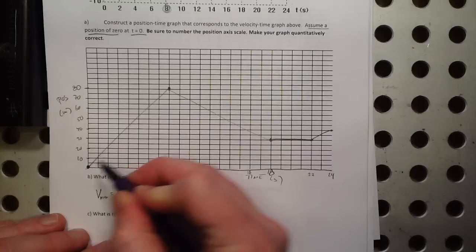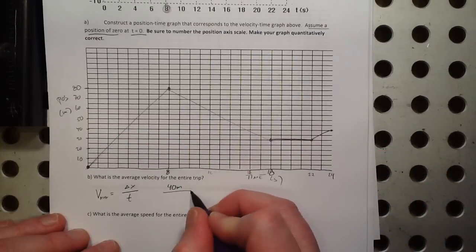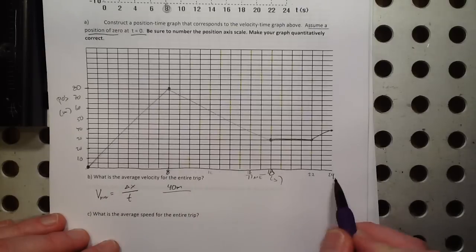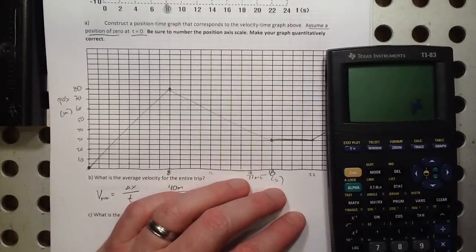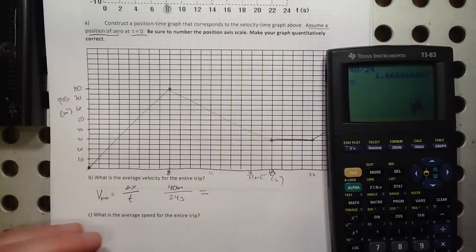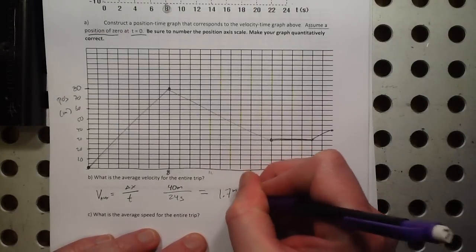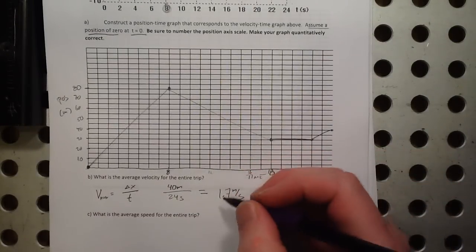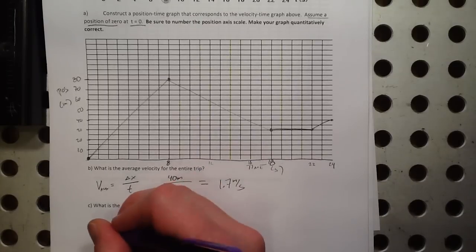How long did it take? A total of 24 seconds. So that's 1.7 meters per second. There's our average velocity.